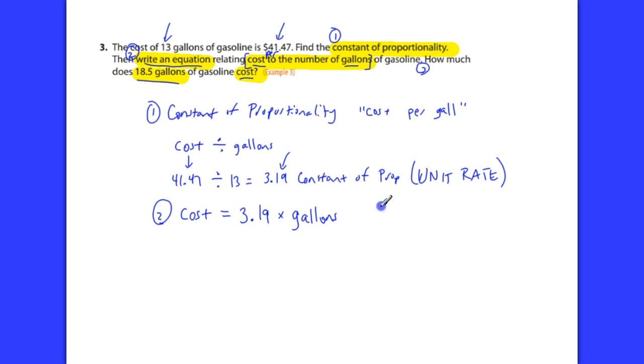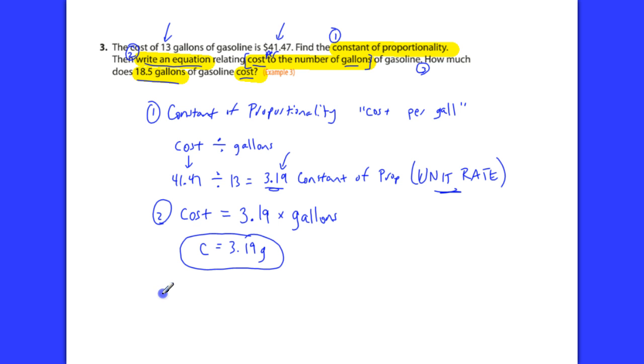Think about it. If you're paying $3.19 per gallon, if you have 2 gallons, you would do 3.19 times 2. If you did 3, you'd do 3.19 times 3. Now in algebra, we often just use the first letter to represent each quantity: C would be cost, G would be the number of gallons, and that's really our best answer right there.